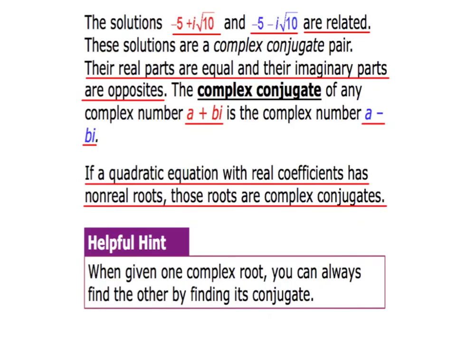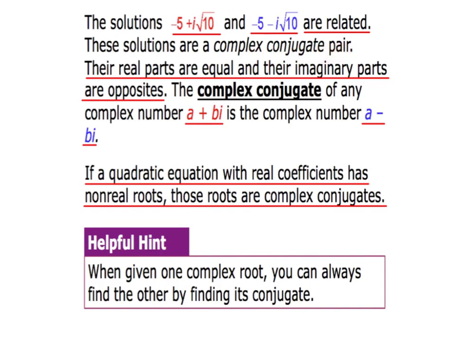Now let's take a look at a possible solution to a problem that we could work. I want you to notice in each case we had the real part plus or minus the imaginary part. In every case we had plus or minus. Well, this here and this here, there's a name for these two. They're called complex conjugates. So in your notes I want you to write down complex conjugate. Matter of fact, they are a complex conjugate pair.